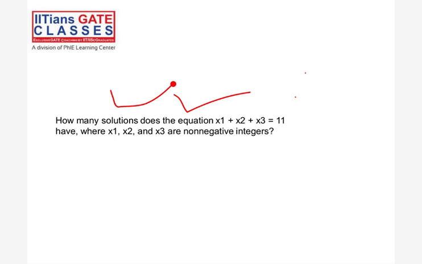Whenever you have x1 plus x2 plus and so on xn is equal to r, where each xi must be from 0 to r, then your formula will be n plus r minus 1 C r.